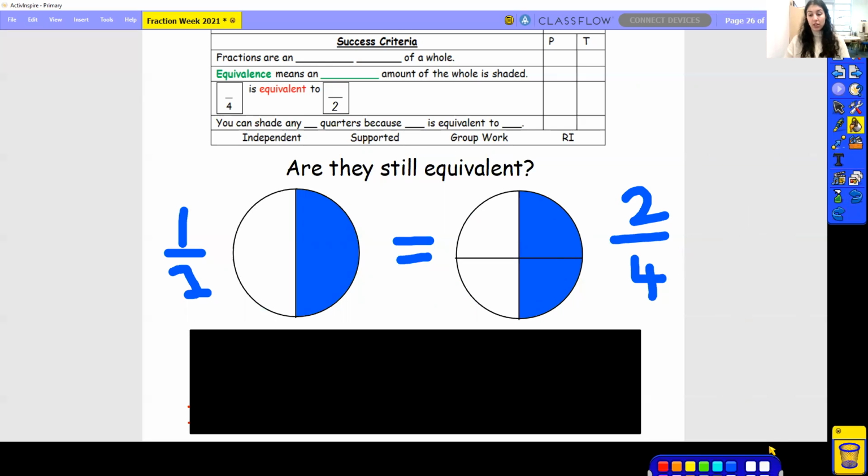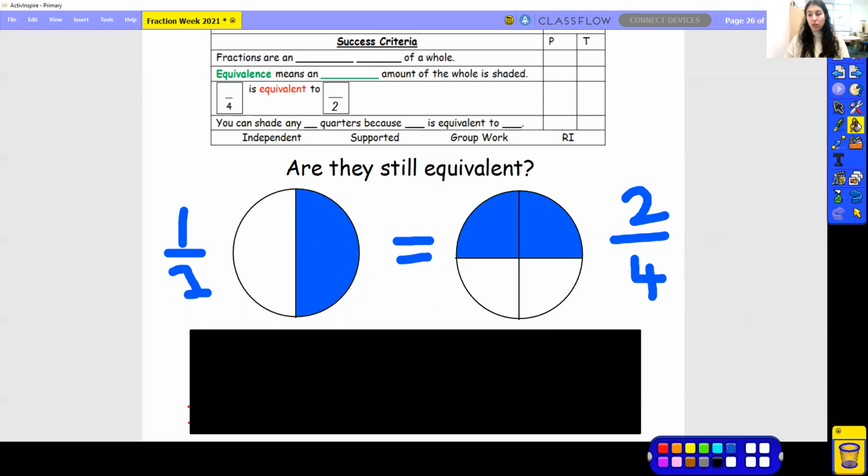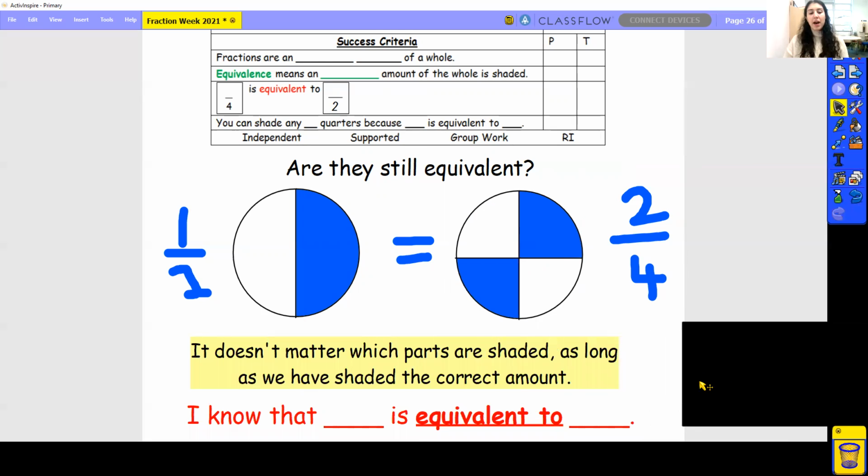So I could choose to shade those 2, or those 2, or those 2. And it doesn't matter because it is still 2/4. So that 2/4 is the same as that 2/4. It doesn't matter as long as only 2 of those quarters are shaded. So just because that is shaded instead of that doesn't mean that they are not equivalent. It doesn't matter which parts are shaded as long as we have shaded the correct amount.